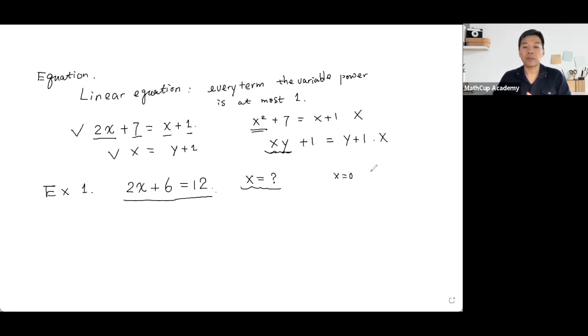So x equals 0 is not a solution. How about x equals 5? The left-hand side is 16, the right-hand side is still 12. So this is not a solution.